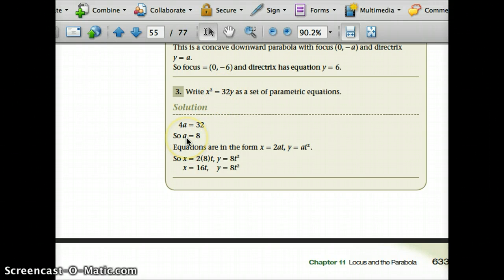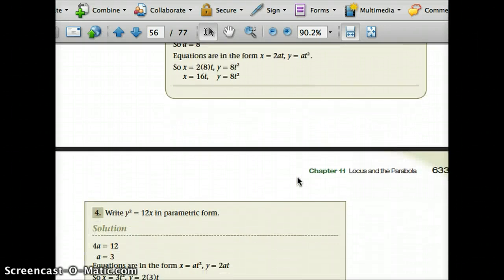Once we know the a value is 8, we know that this is a happy parabola, if you like, okay, because it's x squared equals 4ay. And so we know that for that happy parabola, x equals 2at and y equals at squared. So all we do is we just put in the value of a straight in to the two parameters. Is that okay? And so you just end up with x equals 16t and y equals 8t squared. That's it. That's all that's required there.